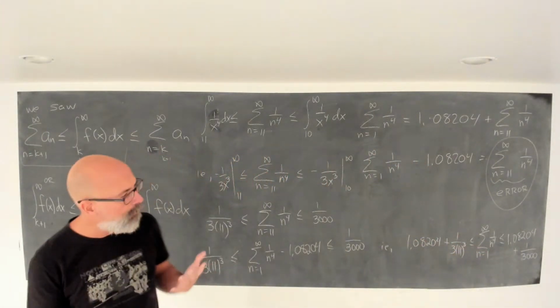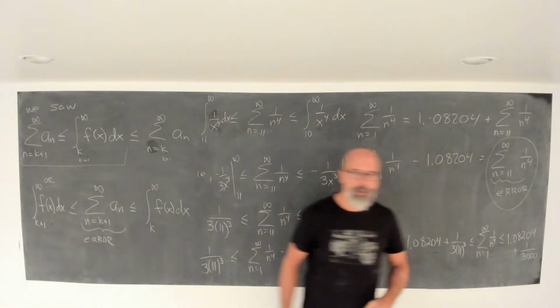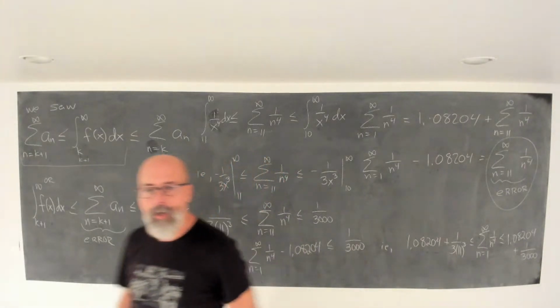This is going to be some number between these two numbers, which are very close together, anyways.